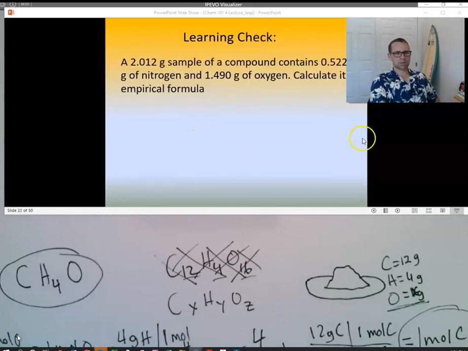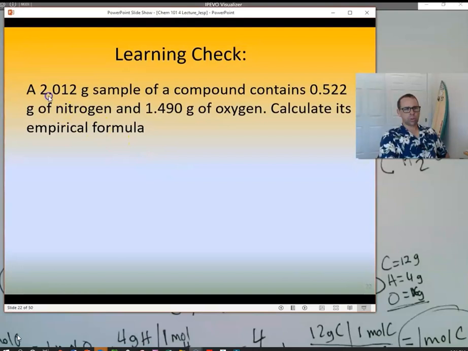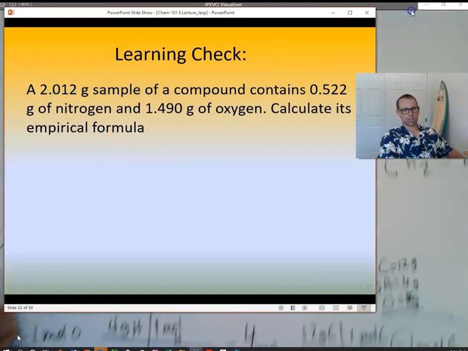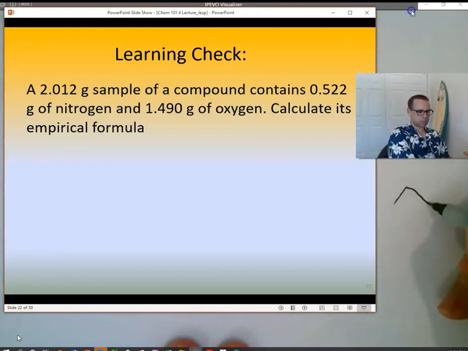Okay, so here is another one. This sample contains 2.012 grams of some compound. Here's my sample there.